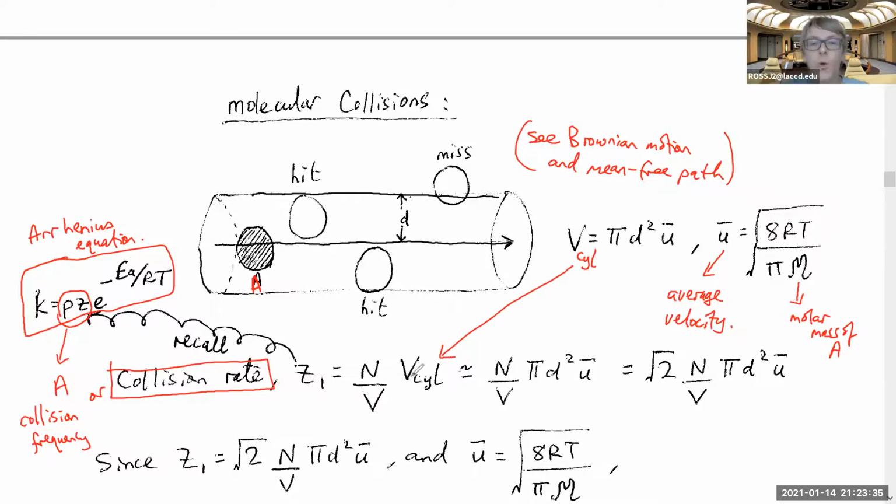We know that the volume of this cylinder is pi d squared times the average velocity, so we can replace V cylinder with pi d squared times the average velocity.